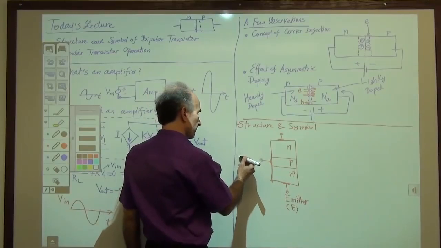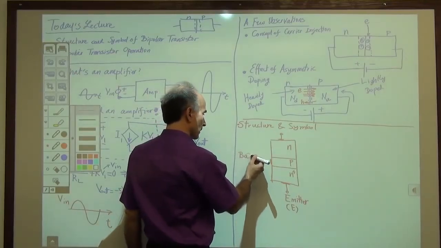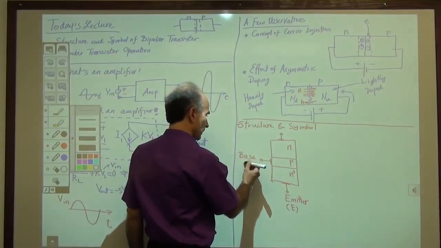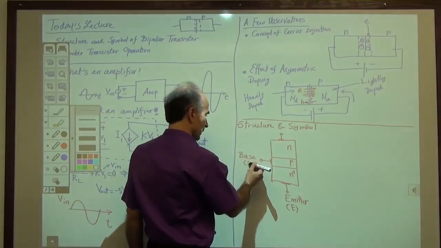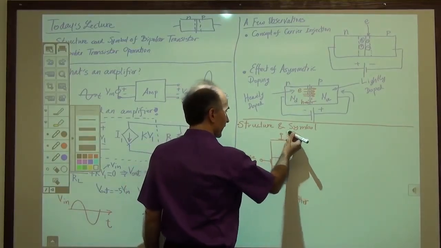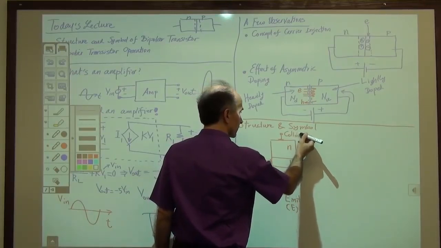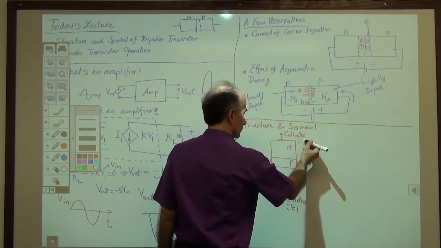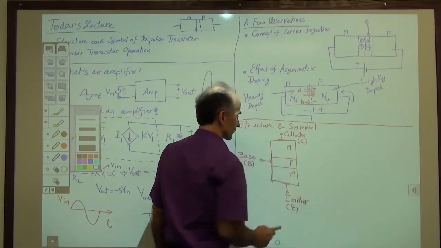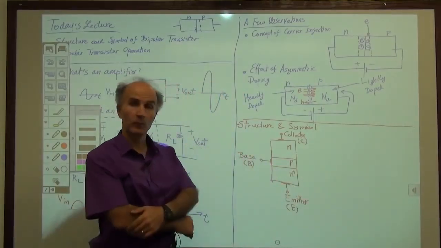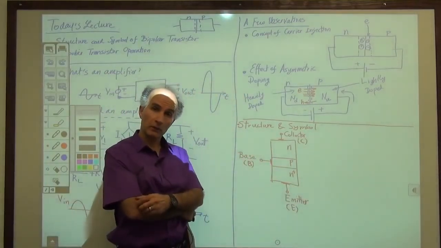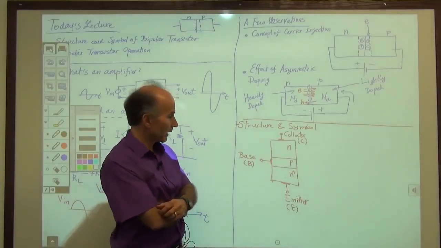We call this one the base, or B, and we call this the collector. Collector or C. Okay, so that's simple enough.